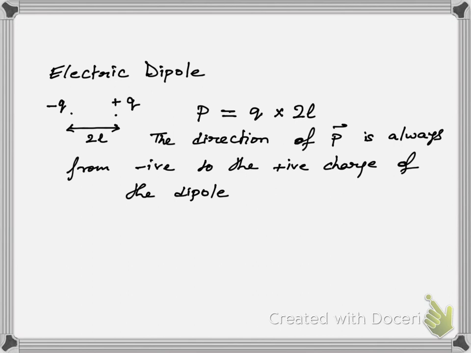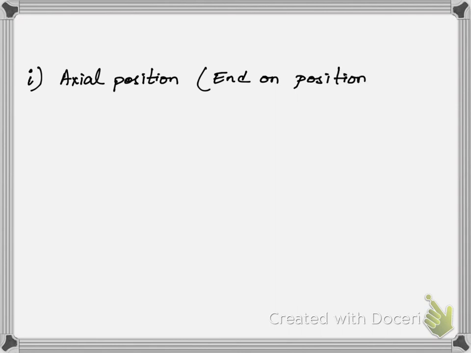With that being said, we would now like to come to our derivation of intensity of electric field due to an electric dipole at number 1, the axial position, which is also known as end-on position. So what exactly is this axial position? Axial position is a point which lies on the axis joining the two charges of the dipole.